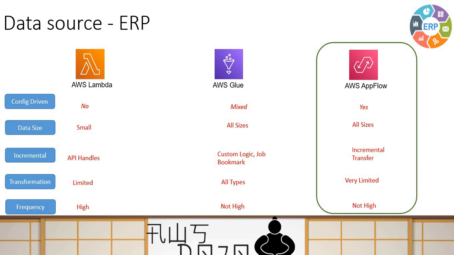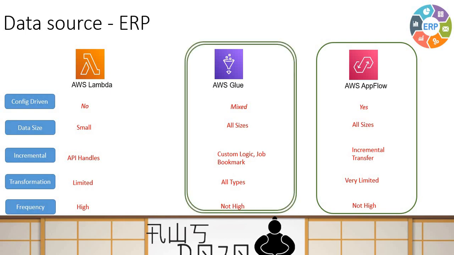But if at this point of time you are trying to use AppFlow, in certain scenarios it might be the case that your application is not supported. And that's why I'm talking about a second choice, and that second choice is AWS Glue. Lambda is definitely not suitable, because in Glue you do have a choice to talk to API and database both. Many ERP systems support OData interfaces.